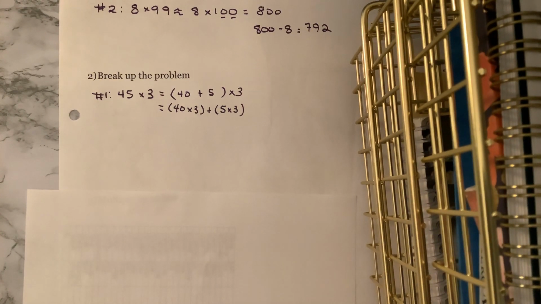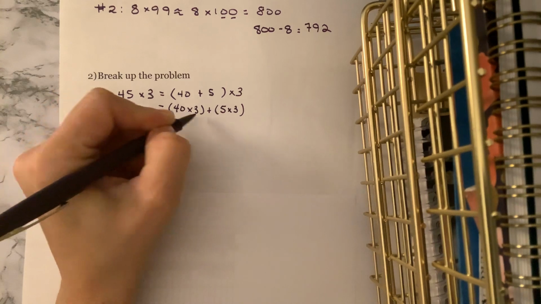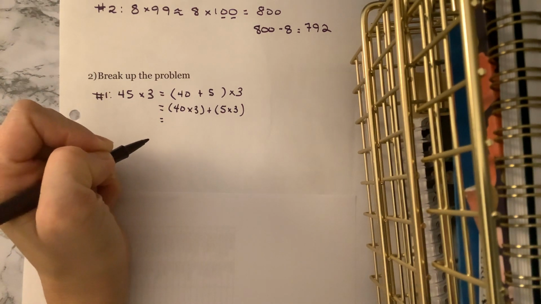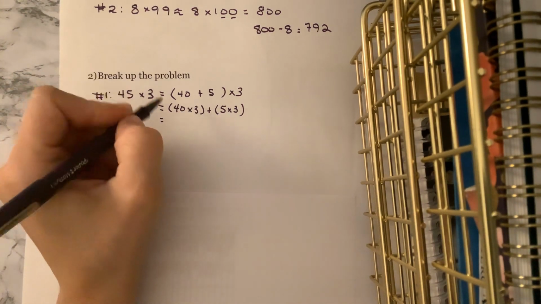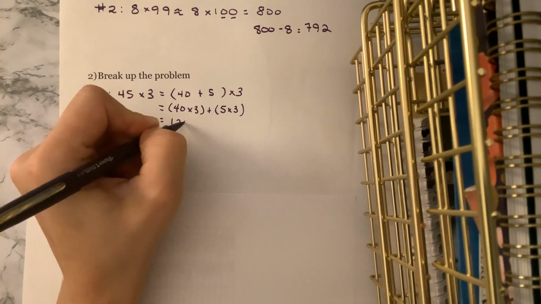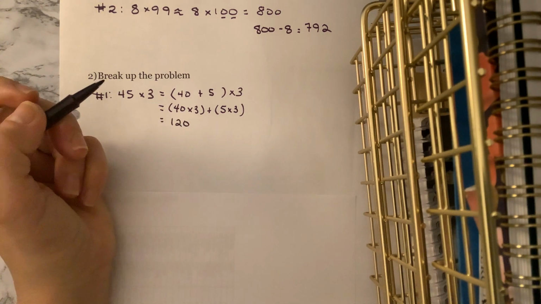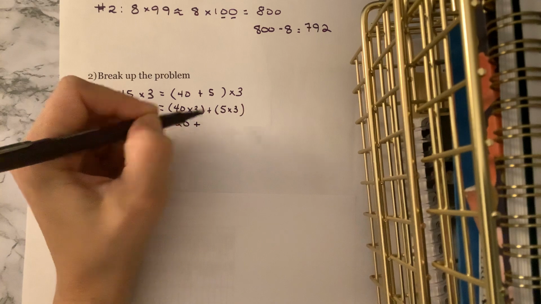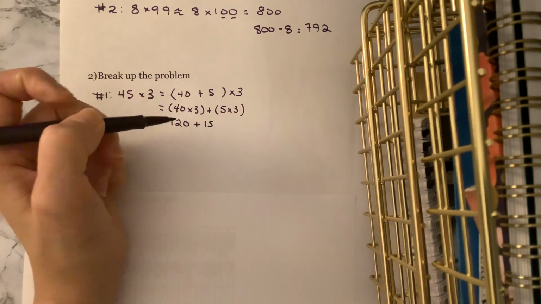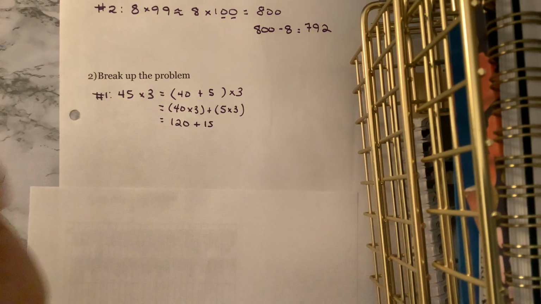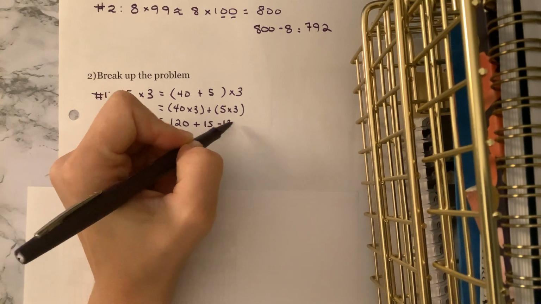Now we really should be able to do these steps mentally, okay? 4 times 3 is 12, so 40 times 3 is 12 plus a 0, or 120. 5 times 3 is 15. And now we add these mentally to get 135.